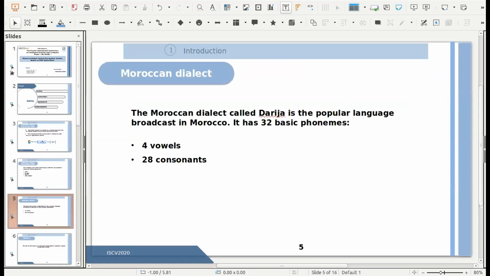In this paper, we work on the creation of a Moroccan dialect version of automatic speech recognition. The Moroccan dialect, called Darija, is the popular language spoken in Morocco. It has 32 basic phonemes, of which 4 are vowels and 28 are consonants.